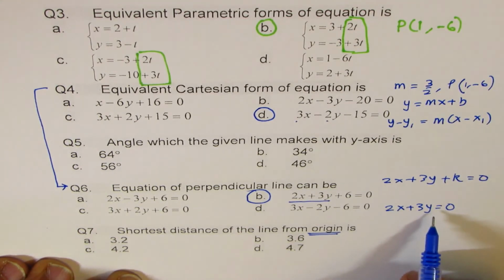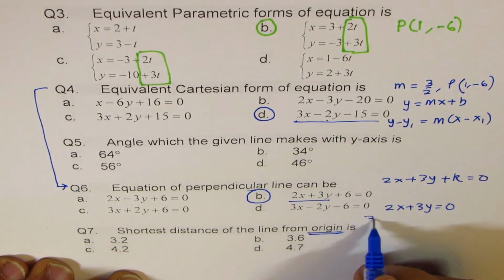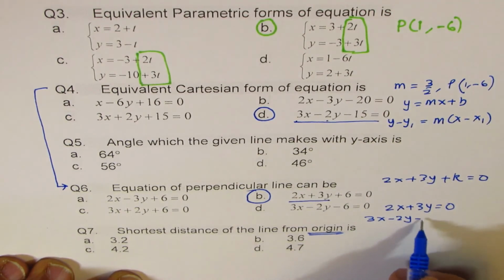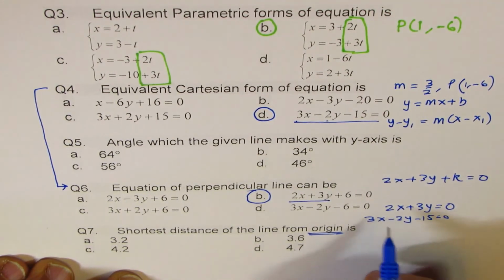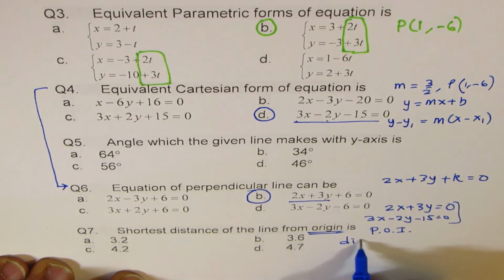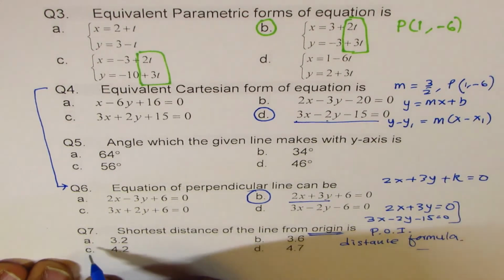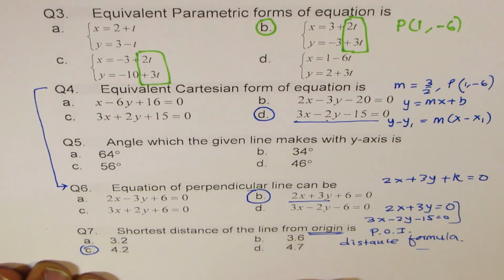So that is the equation. The original equation of the line is 3x minus 2y minus 15 equals 0. Solving that, we get the point of intersection and then we can use the distance formula, right? To get our answer, and the answer was C, which was 4.2.